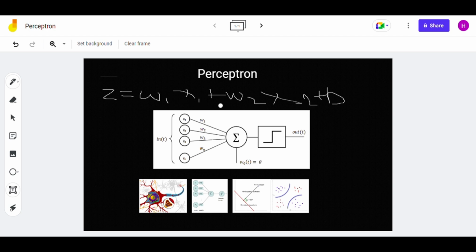X1, X2 are basically the values that we are actually giving it as an input, and W1, W2, and B are predicted by the perceptron during its training. So Z is either predicted as a 0, or as a 1, or any number in minus.